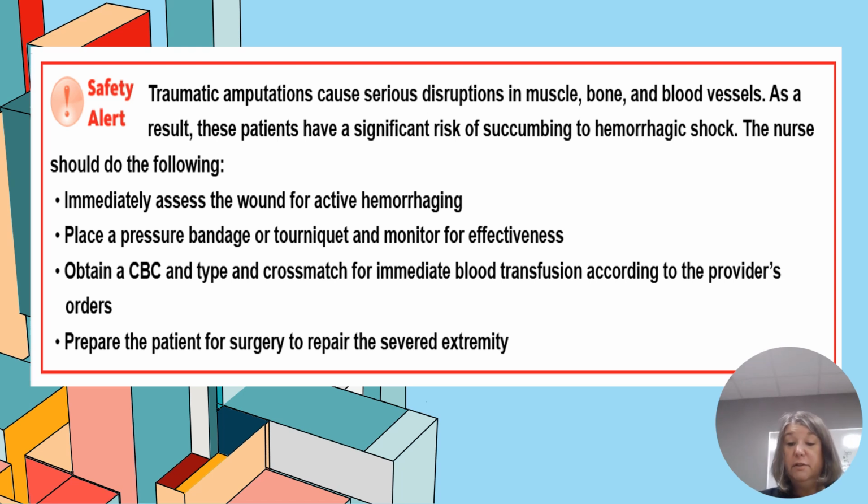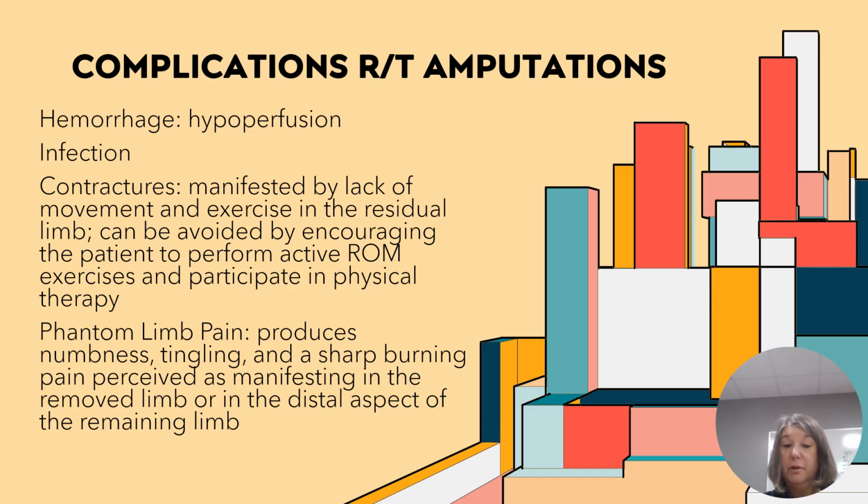My guess is there's also standing orders for what labs you obtain, and likely a type and cross is going to be part of those standing orders. This is slide 39, complications related to amputations. The biggest one is probably hemorrhage related to traumatic amputations, just because there can be some large blood vessels within the extremity, and people bleed out really quick.